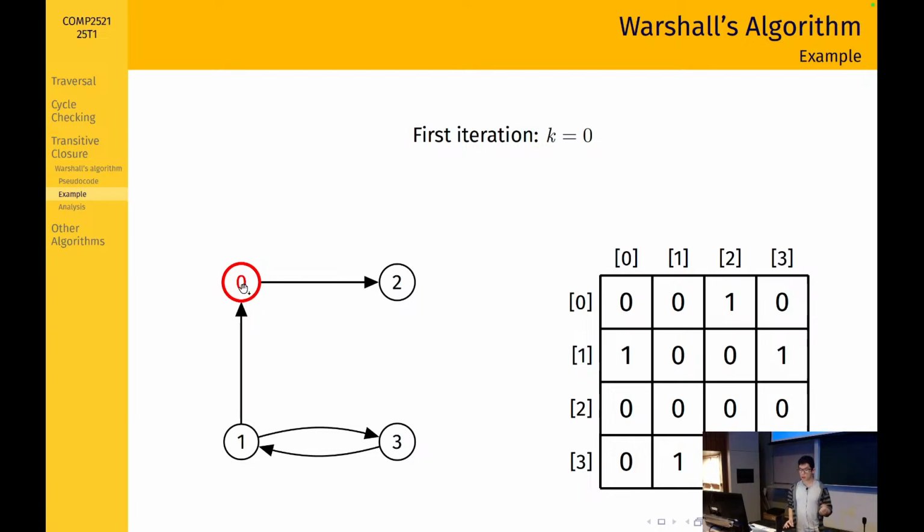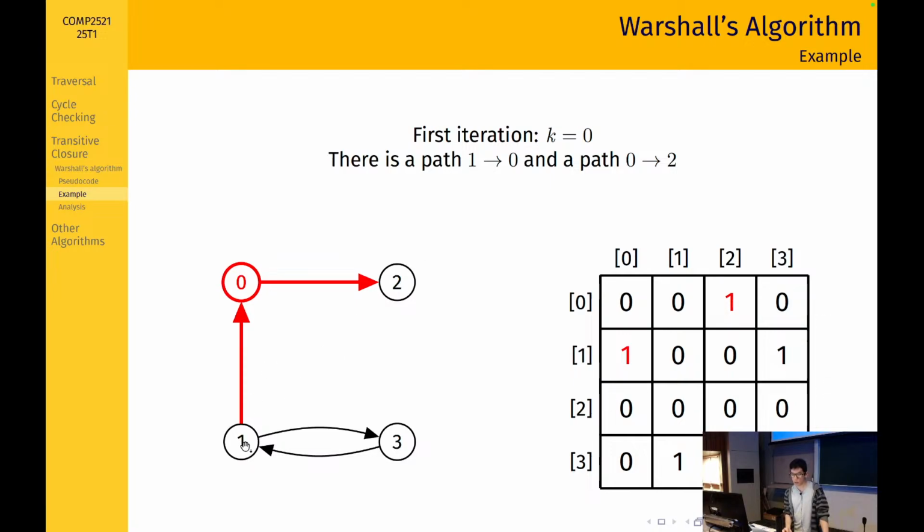So what we're going to do is look at all the pairs of vertices that have an edge going to 0. We're going to find all the pairs S and T where S has an edge to 0 and 0 has an edge to T. The only pair here is 1 and 2.